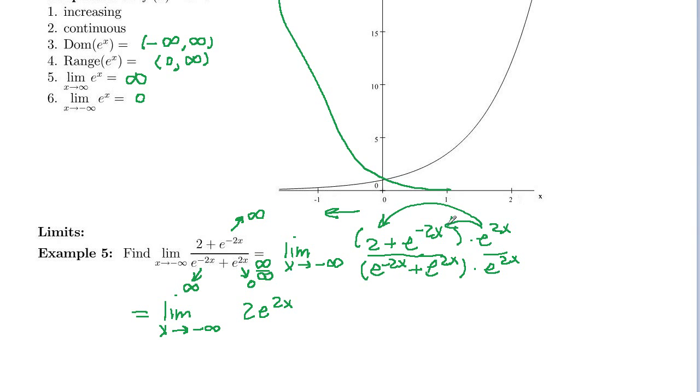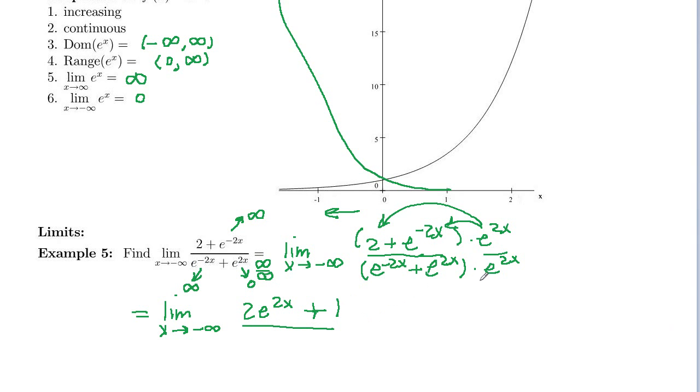And then e to the 2x times e to the negative 2x, those are both base e. When you multiply exponentials with the same base, you add those exponents. Well, negative 2x plus 2x is 0, so that's just plus e to the 0, but anything to the 0 power is 1. So that's actually plus 1. So now we've got a number there instead of e to a negative power.